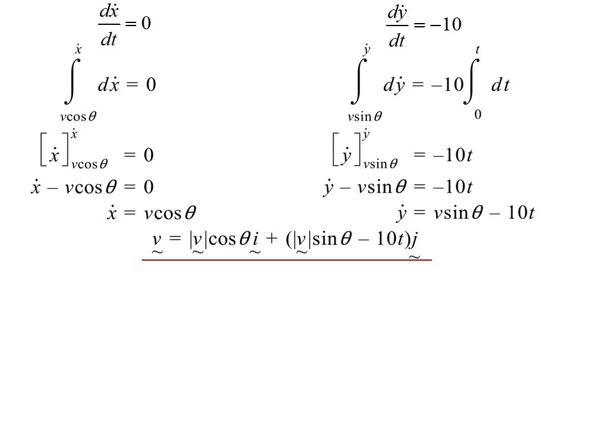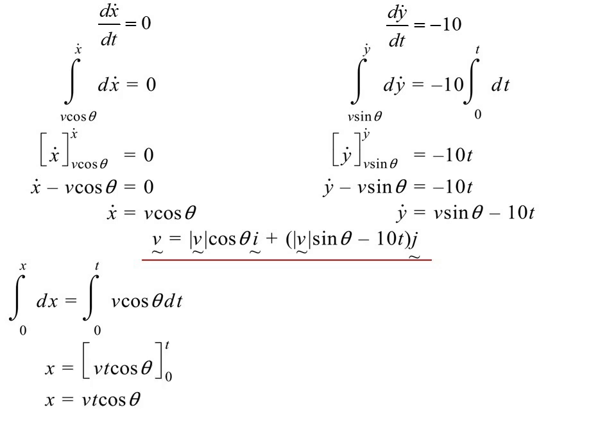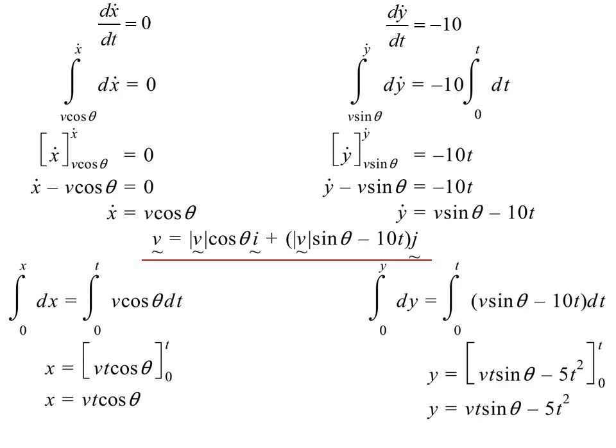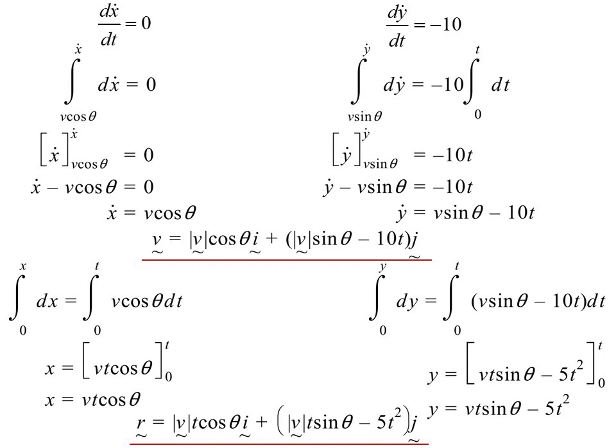Magnitude of velocity would be the coefficient of these things. Integrate again, let's get some displacement equations. Now we get vt cos theta because I'm conveniently starting at the origin. And the other one, y, we get vt sine theta minus 5t squared. And there's my vector for displacement or position.